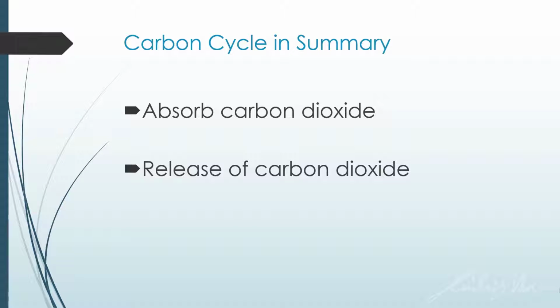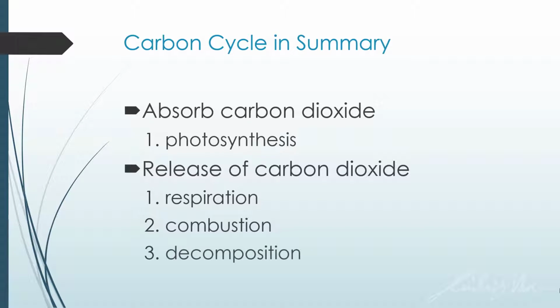Absorption of carbon dioxide from the atmosphere can only be done through photosynthesis, while the release of carbon dioxide into the atmosphere can be done through respiration, combustion, and decomposition. So that's the thing that you have to know about the carbon cycle. The balance is important. So you can kind of see that, oh, photosynthesis, you need more of it. And here is why.